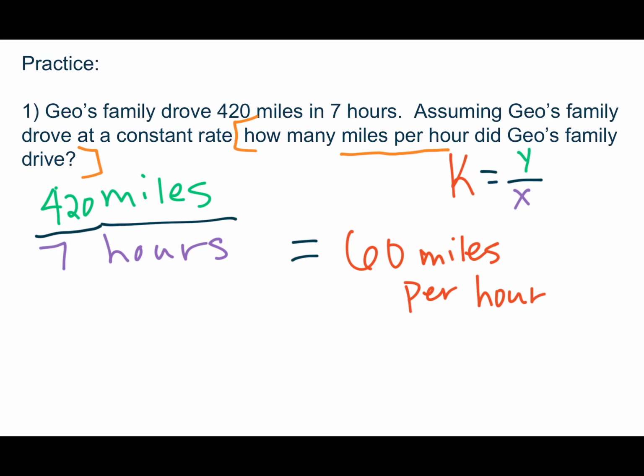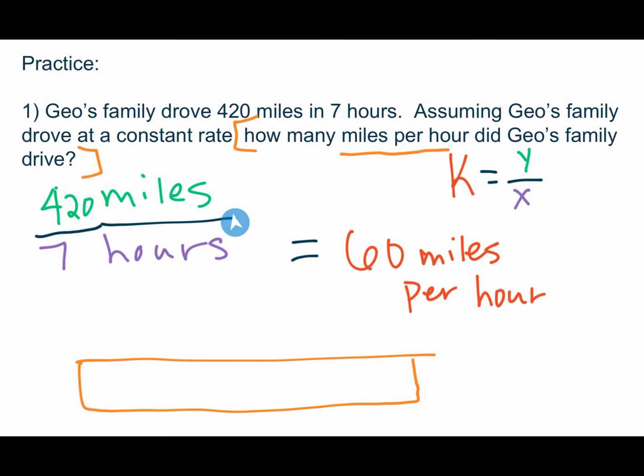Another way you might have done this is using our tape diagram. So if we draw out our tape diagram, we want to let the entire thing represent whatever is in my numerator. So in this case, miles is in my numerator, so my entire tape diagram is going to represent 420 miles.